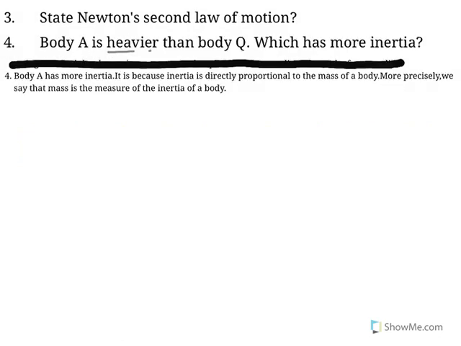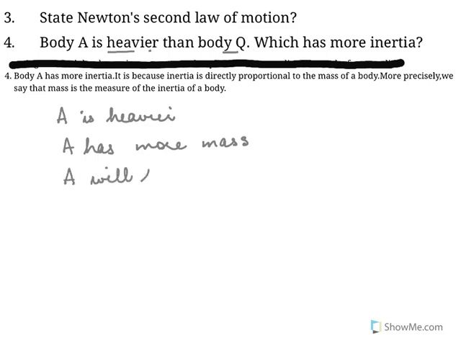A body A is heavier than body B, which has more inertia? Now if A is heavier, it means A has more mass, and since mass is a measure of inertia, A will have more inertia.